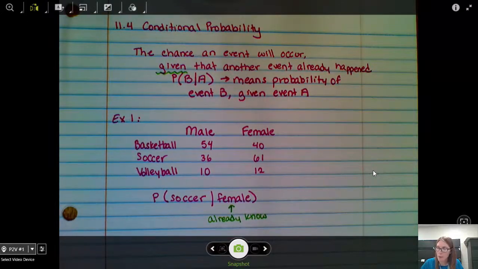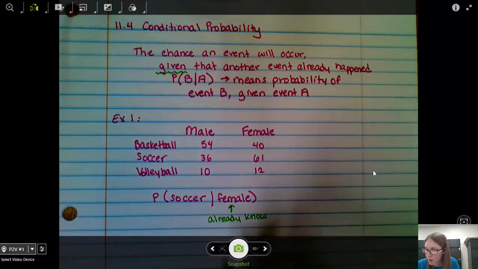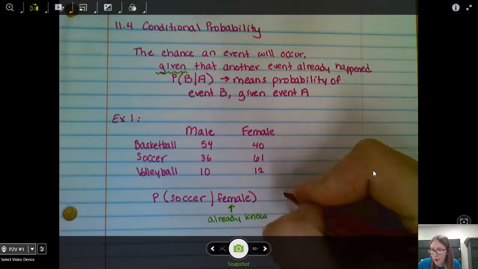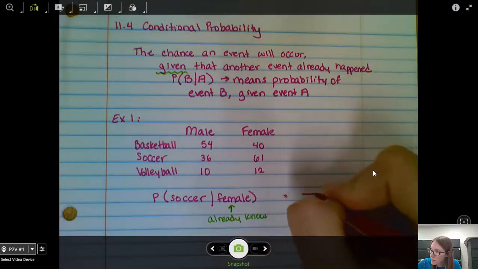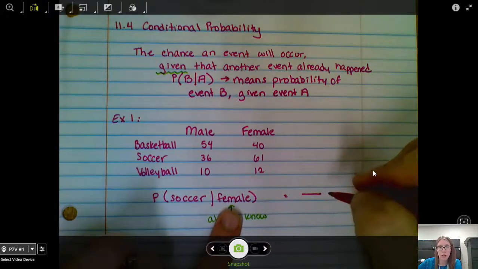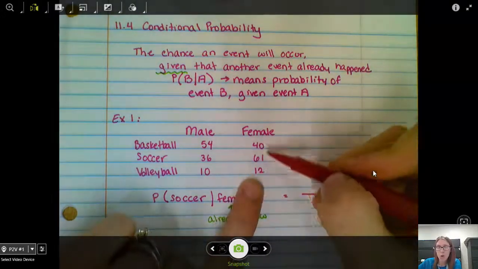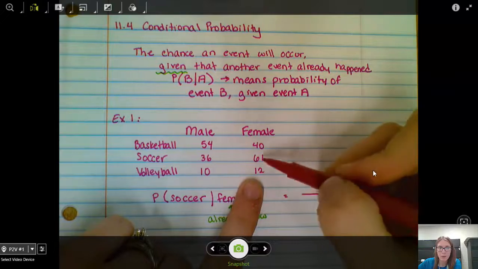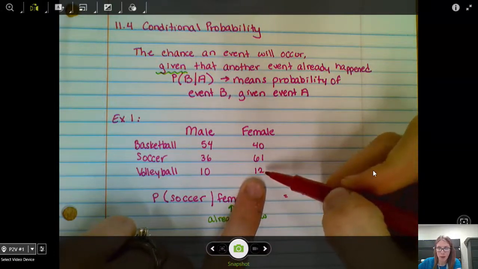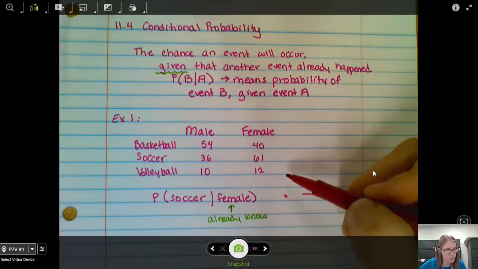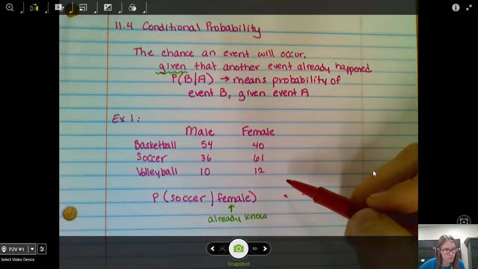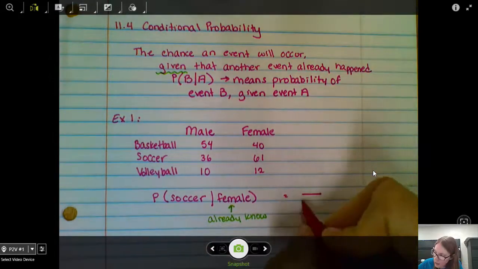Well, when we find our probability, we find our number of ways that something can happen over the total possible outcomes. Our total possible outcomes in this case, since we know our student is already female, is our total number of female students. So 40 plus 61 plus 12. And that's 113.